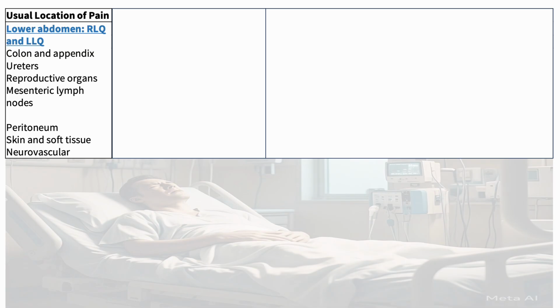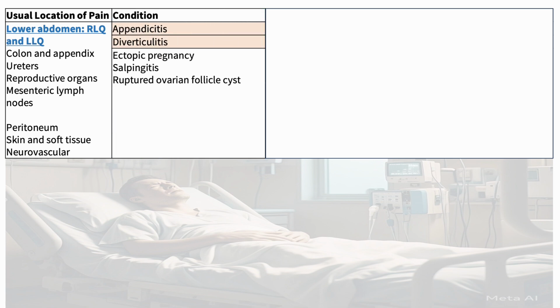Now, another area that is commonly involved in acute abdomen is the right and left lower quadrant. Organs to consider include the colon, the appendix, mostly on the right side, of course, the ureters, reproductive organs for both the males and the females, and the mesenteric lymph nodes. And again, don't forget the other structures, the peritoneum, the skin and soft tissue, and neurovascular.